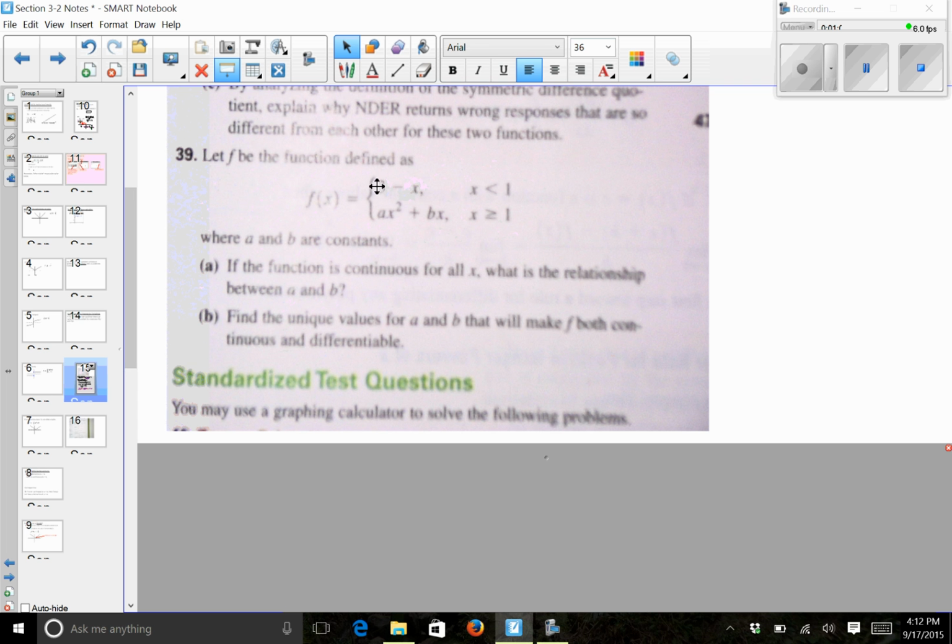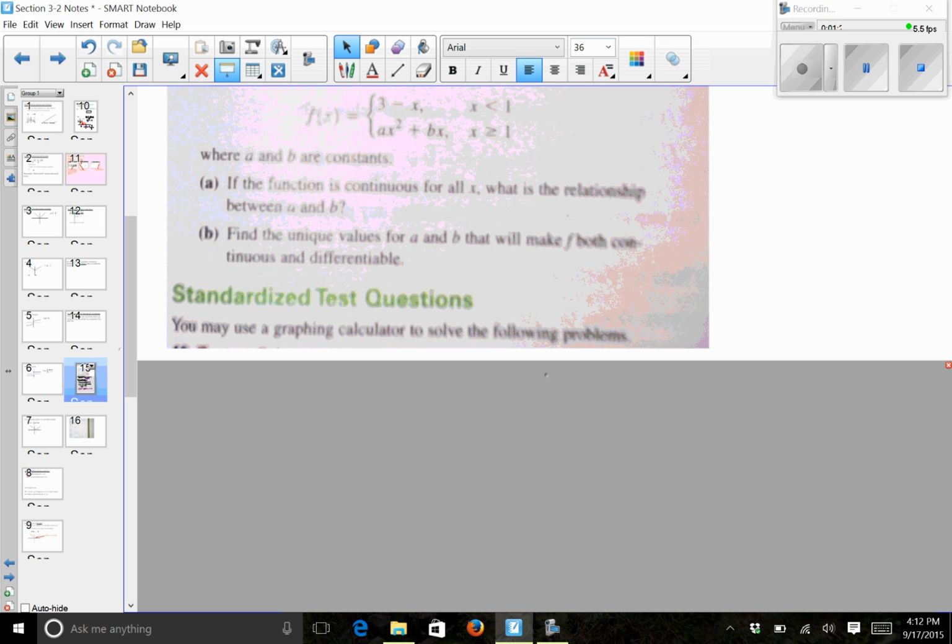Well, 3 minus x is always continuous, so that piece is okay. And ax squared plus bx is a quadratic, and for that piece, that's always continuous. So the only place I need to worry about is where they join. So this is where the limits being defined makes a difference. This is the whole idea of what we worked on last chapter: the two-sided limit must exist, the function must exist.